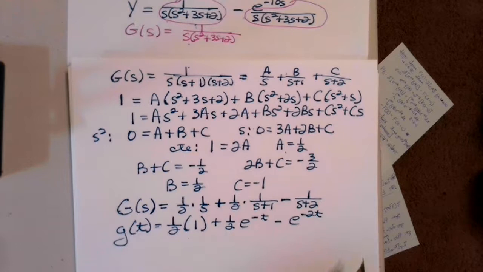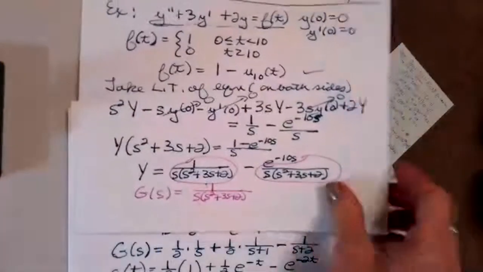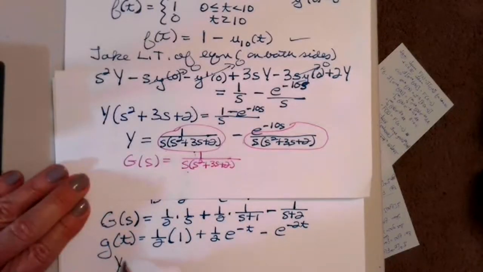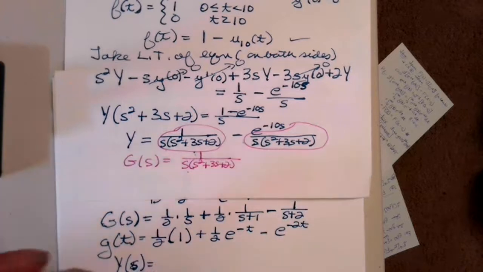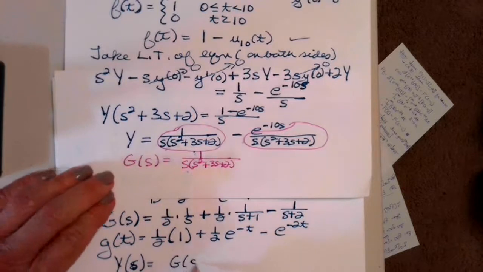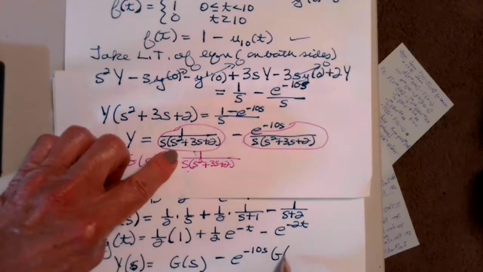Okay. That's not quite the end of things because if you remember, y was capital Y of s. Capital Y of s was G of s, that's this one, minus e to the minus 10s times G of s.